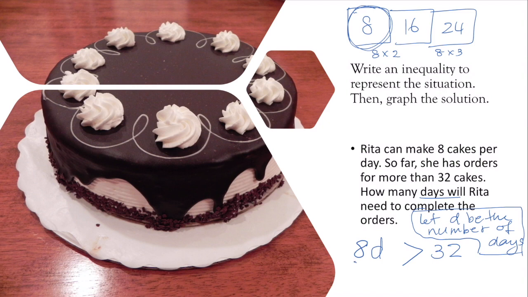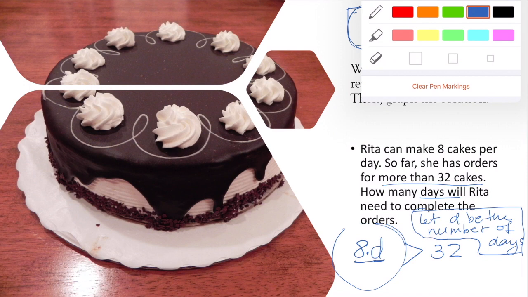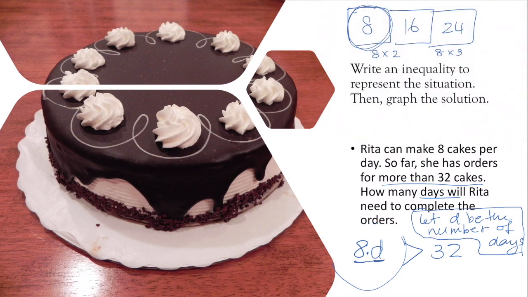So Rita has 32 more. Whatever we do on this side is more than 32. That's exactly what it says here. Now I have an inequality that I need to solve in order to actually graph it.